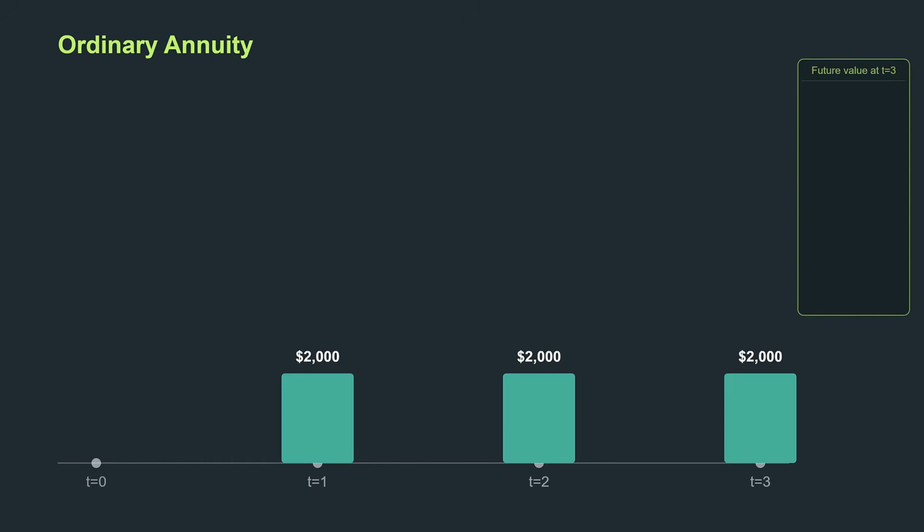the time period. And to compute the future value at the end of the third period using a 5% interest rate, we treat each payment as a single lump sum and apply the same compounding technique from the previous episode. The first $2,000 payment made at t equals 1 compounds for 2 periods, giving $2,000 multiplied by 1.05 squared, or $2,205.